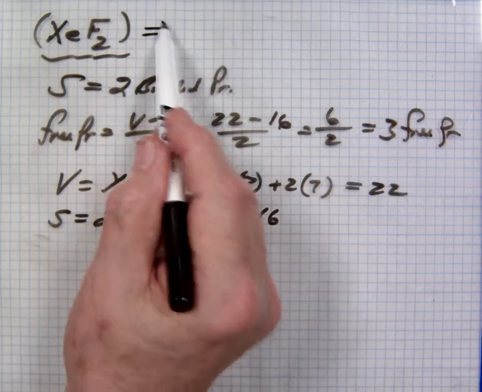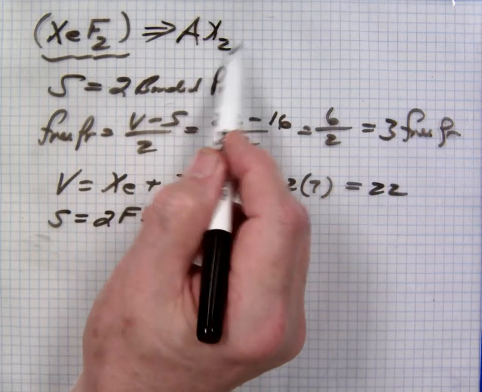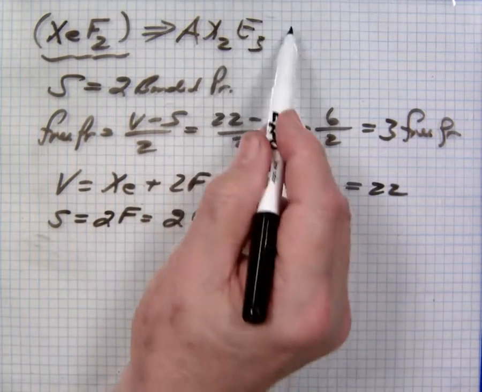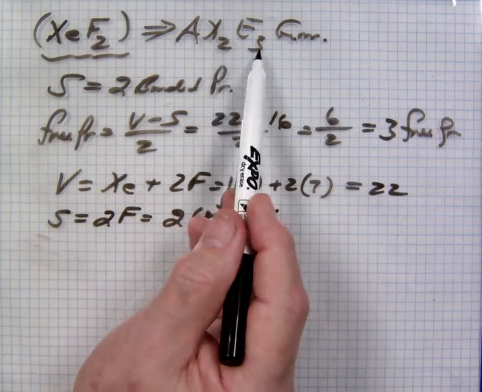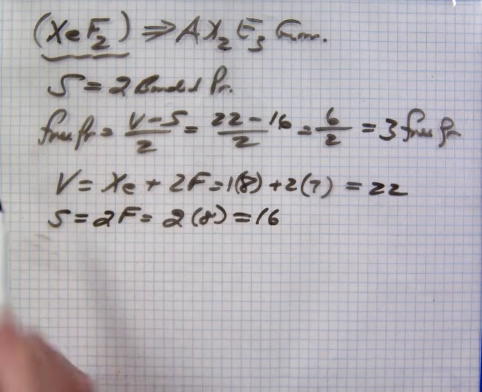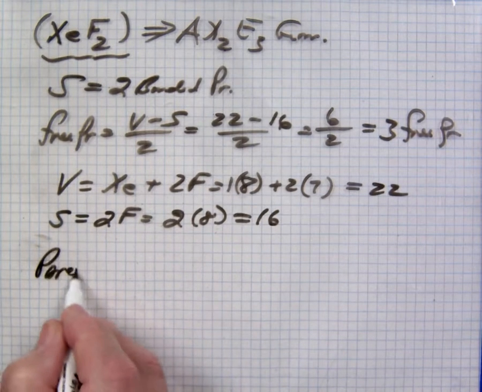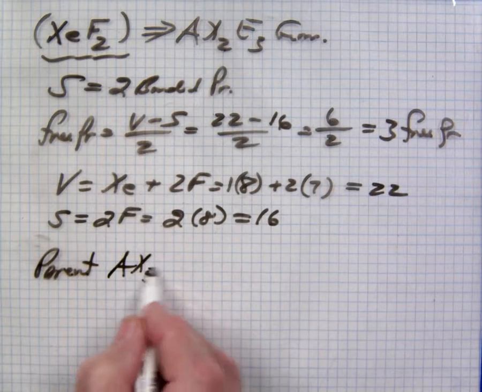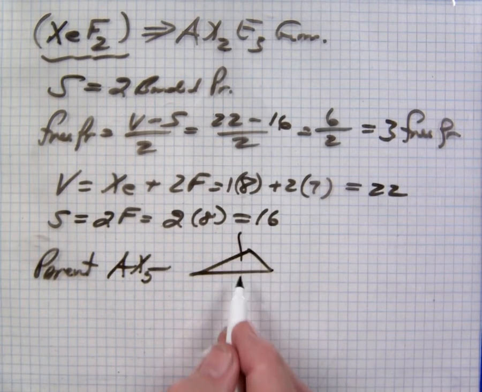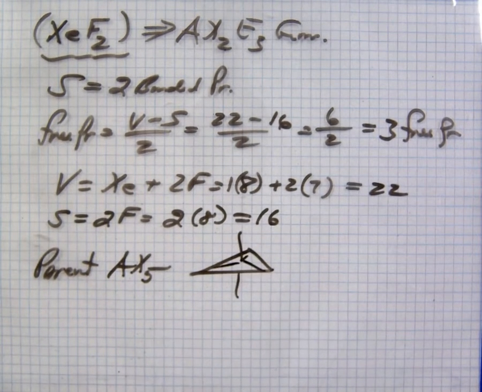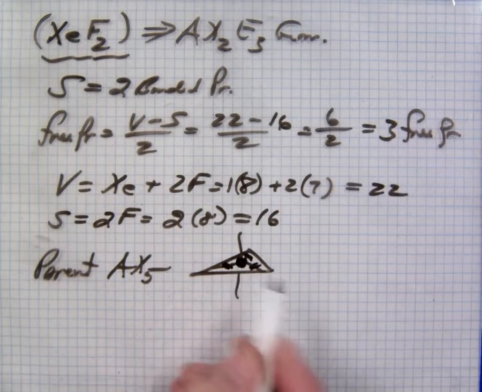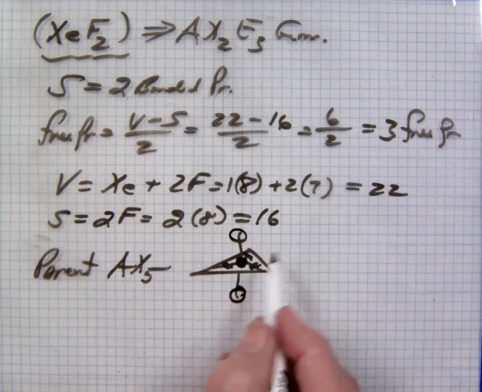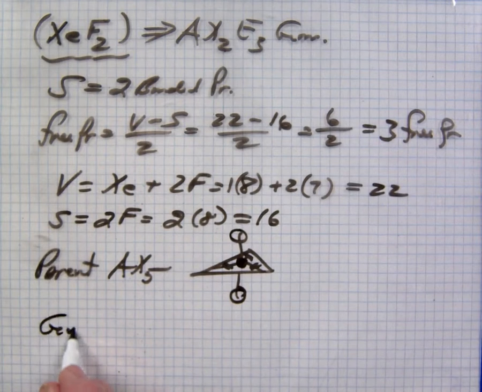So now this molecule is an AX2E3 geometry, right there. But it's based upon 3 plus 2 is 5, so its parent is an AX5, which is the trigonal bipyramid, like that. But we have 3 free pair, and these 3 free pair will go in the plane, and then the central element, and your bonds are here, and this becomes your geometry.